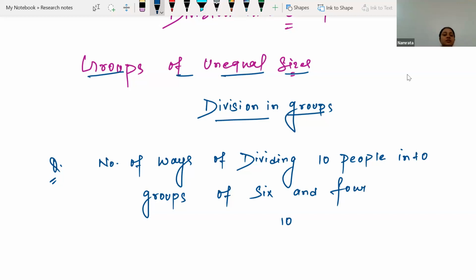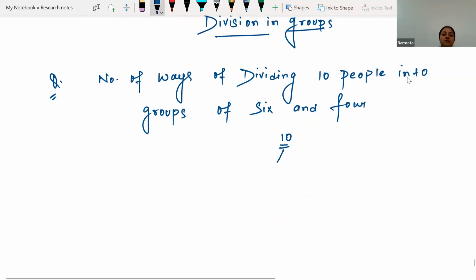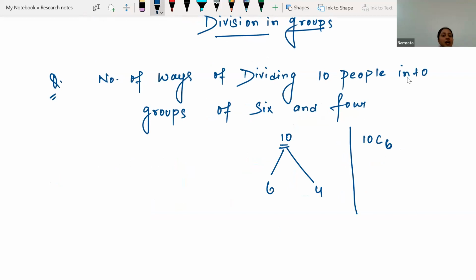You know that whenever we have 10 people and we have to divide them into groups of 6 and 4, with the help of your previous concept only, you can say from 10 we are making a group of 6 at first, and after that we are taking the remaining 4 in a group of 4.